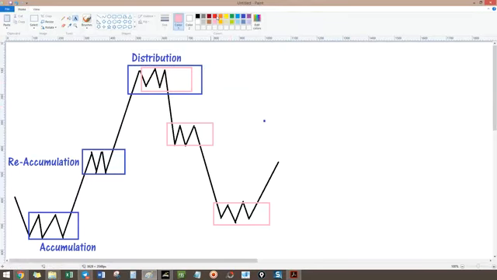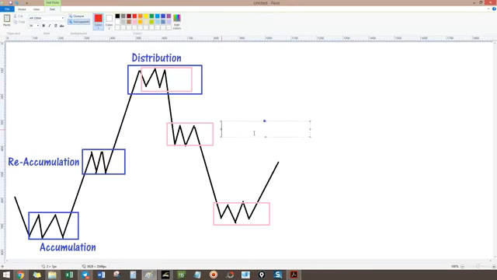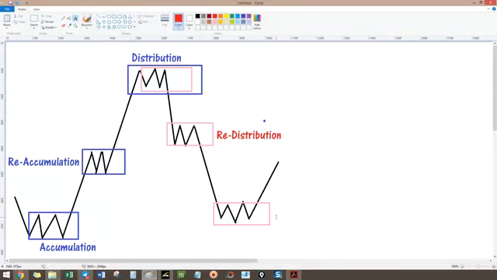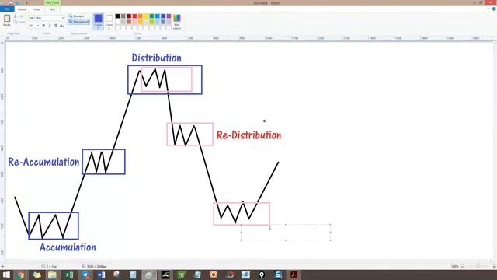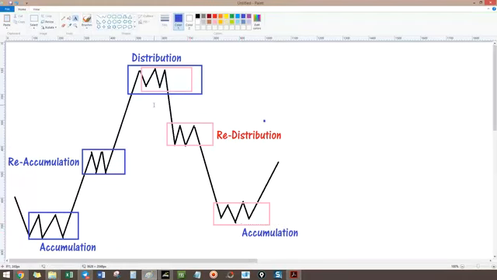Over here we will have redistribution. And over here we will have distribution again. And no accumulation here. Accumulation. I will mark in another color.